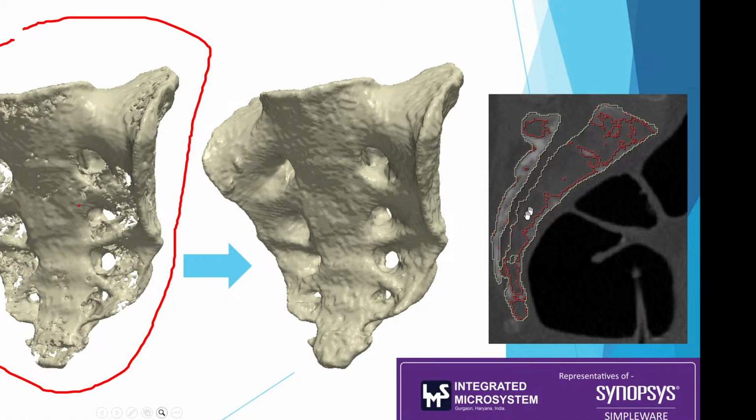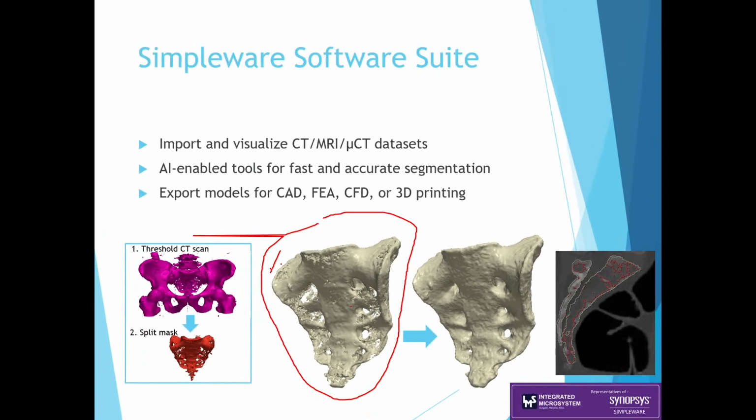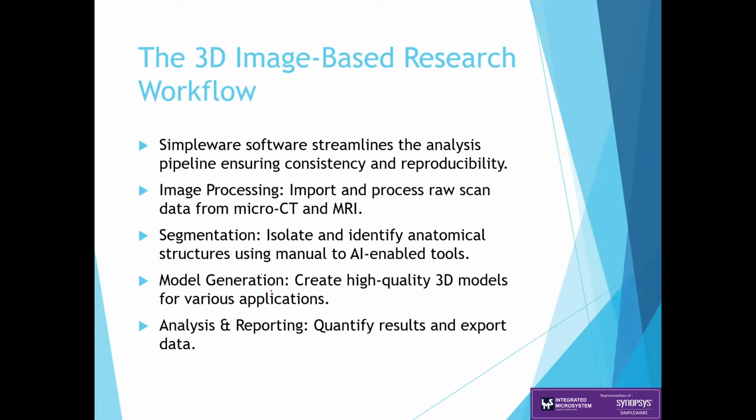Here we can also see the difference in the contrast levels in the 2D view, and the same changes can be carried out in the 3D view. So these AI-enabled tools integrated in Simpleware, apart from auto segmentation, play a crucial role while we are doing any sort of segmentation.